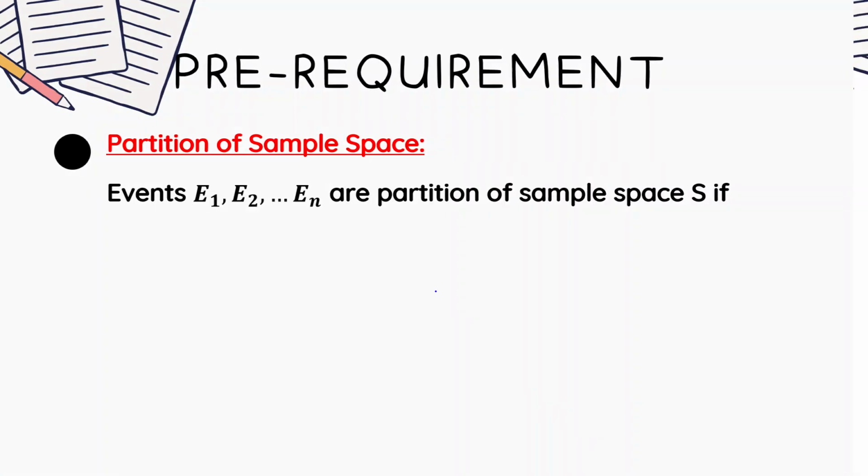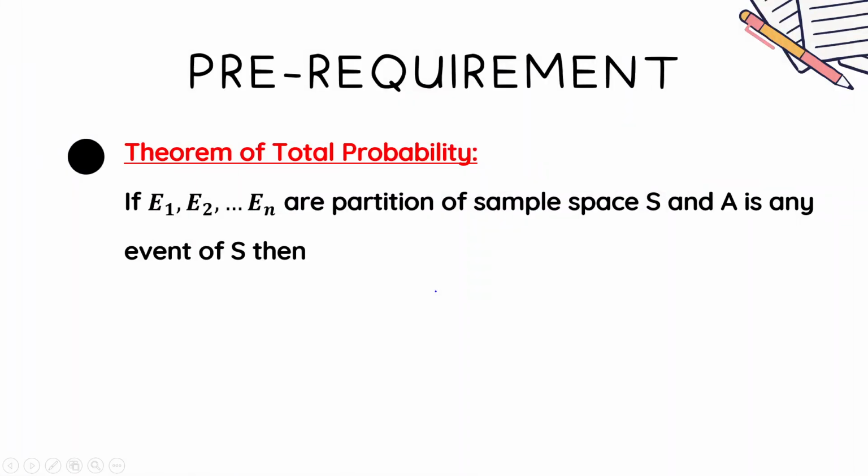And the third and final thing that students should know is nothing but the theorem of total probability. The theorem of total probability states that if E1, E2, till En are a partition of the sample space S and A is any event of S, then the probability of event A is given by the following formula.